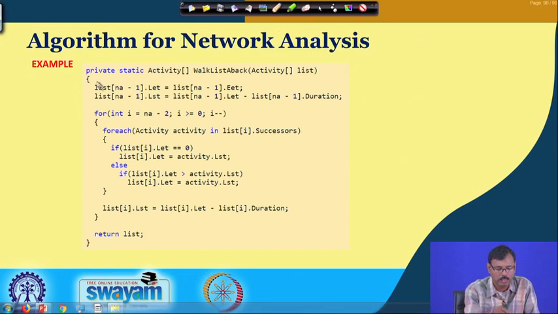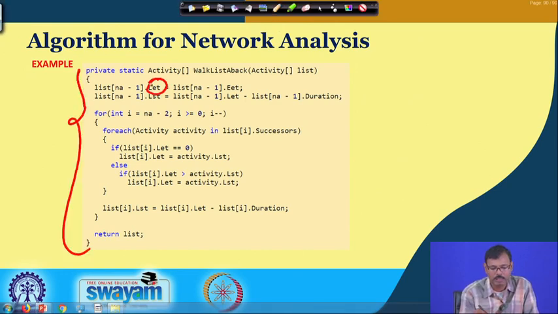You can see this is the program for the backward pass, by which the late ending time and late start time are calculated. The late ending time is assigned the early ending time, and then the late starting time is back-calculated from the late ending time.